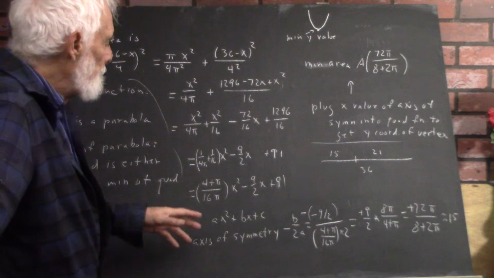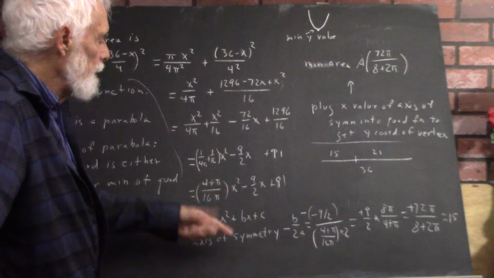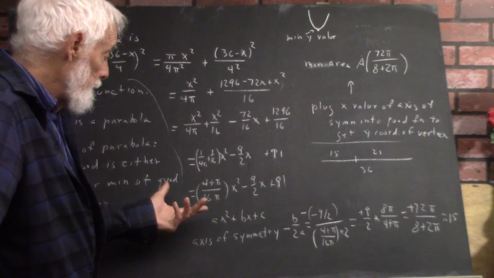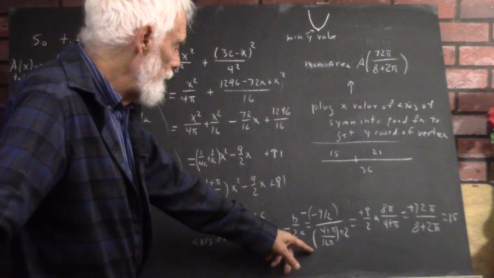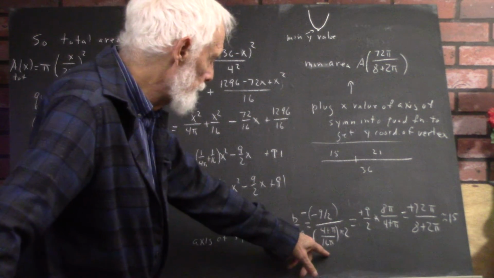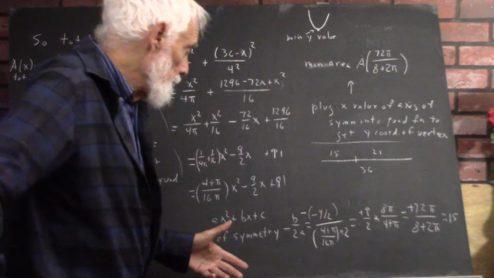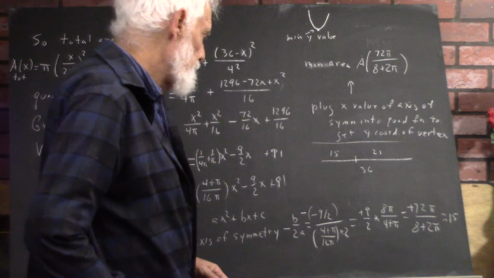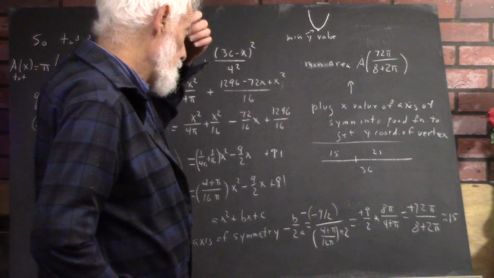Okay, so anyhow, there we have it. And now we can use our negative b over 2a to get the vertex. Okay? Negative b is being negative of negative 9 halves, and 2a would be this expression here, 4 plus pi over 16 pi, the coefficient of x squared, times 2. We simplify this, and we get, I hope, how did I get that?